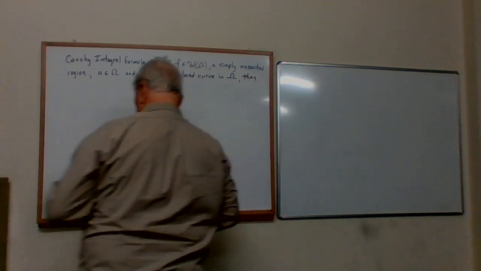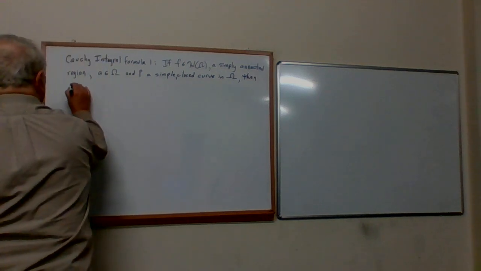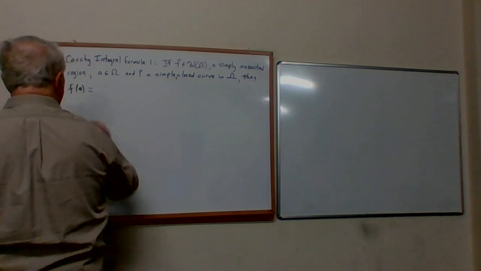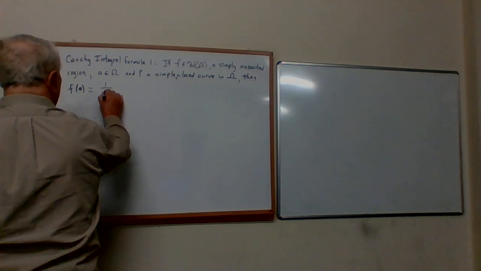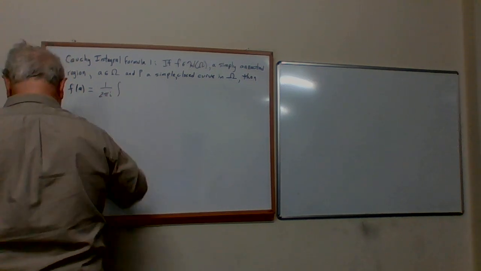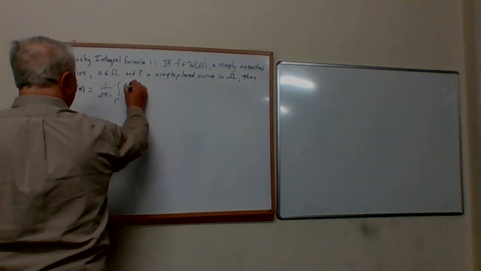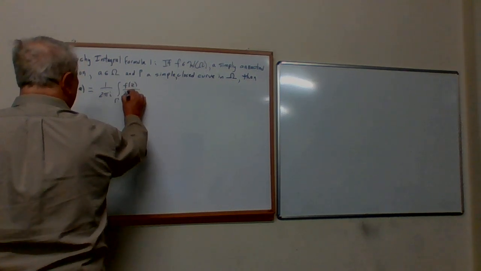Then f of a is equal to 1 over 2 pi i times the integral over gamma of f of z over z minus a dz.